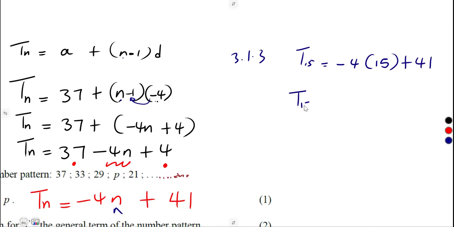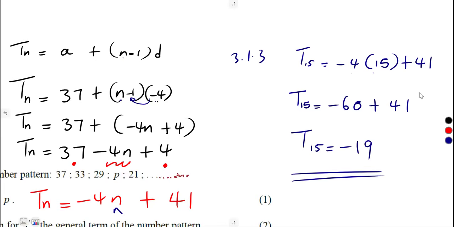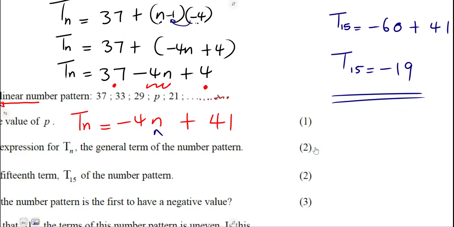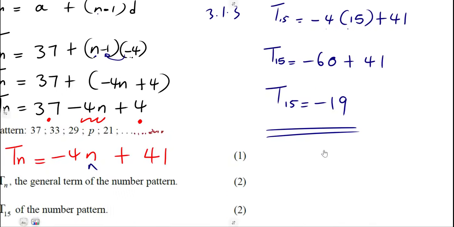We can simplify this on our calculator, or you can simplify stage by stage. It's in your hands. -4 times 15, that's -60. Plus what? Plus 41. So that's our T15, which is going to give us what? -19 at the end of the day. All right, so that is how you can play around with these questions.